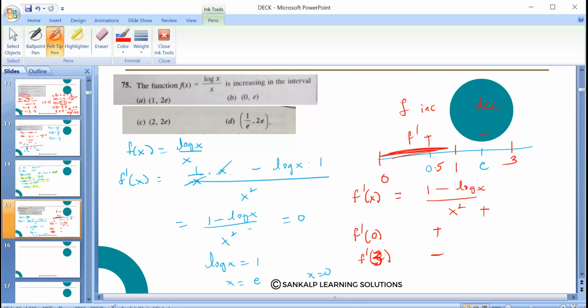Increasing, you can take 0 to 1. They are talking about increasing. But we are not taking 1 at all. 1 is not the point. So 0 to e, we can take. Increasing 0 to e.